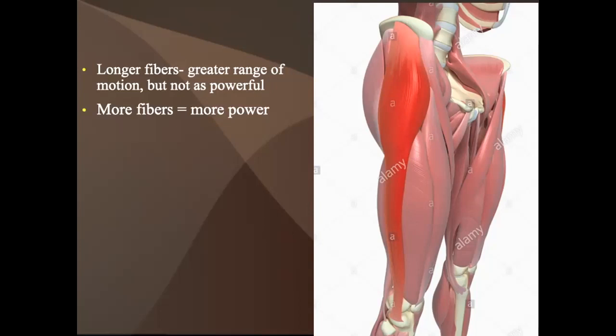The more fibers it has, the more condensed those fibers are and the bulkier it is, the more muscular and powerful that area is. So the quadriceps would be much more powerful because they're bulkier and more condensed than this long muscle right here.